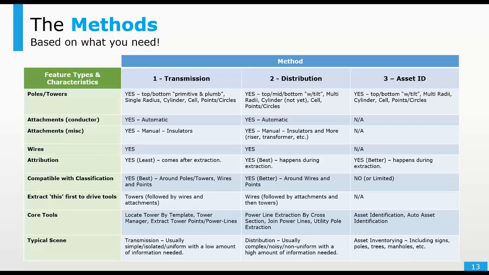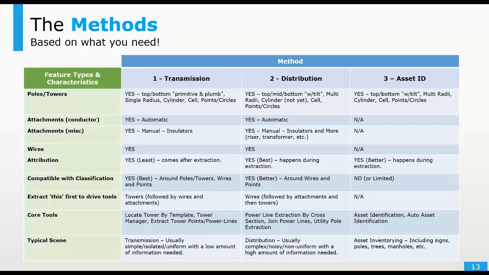This is to help you decide on that path. As an example, let's say you're looking to do full attribution, and you're getting poles and tilt and the works, and it's very complex. Your path would most likely be number 2.